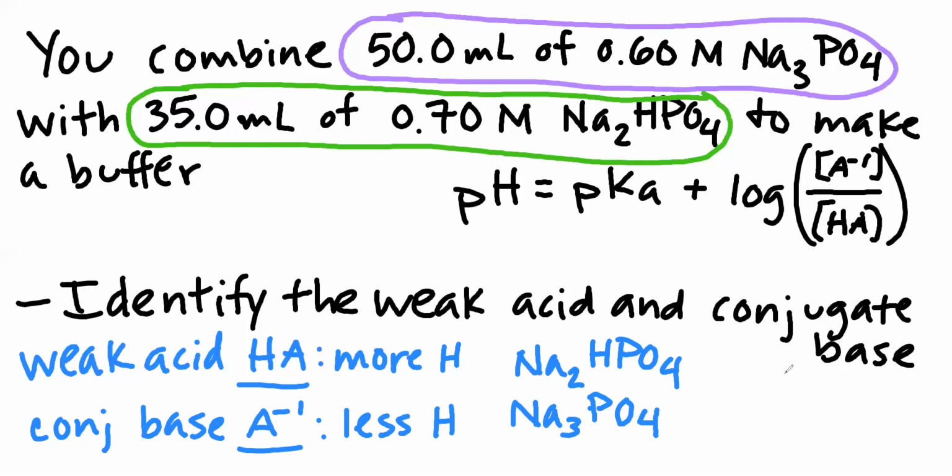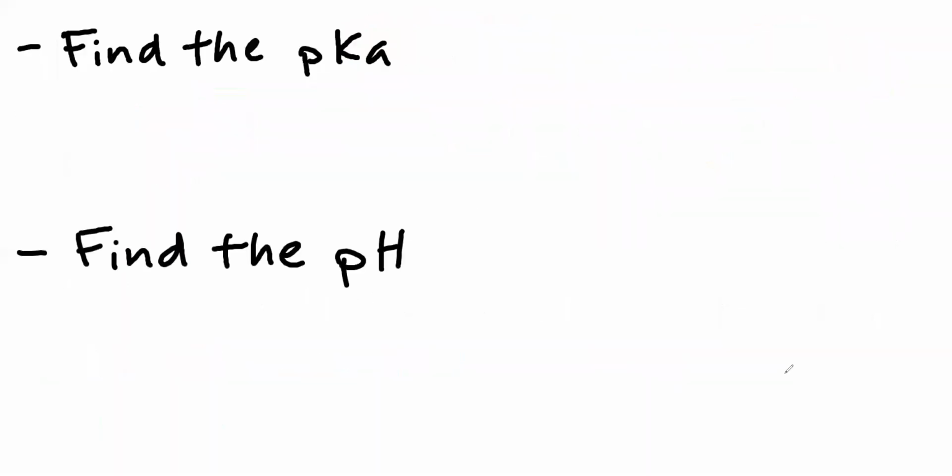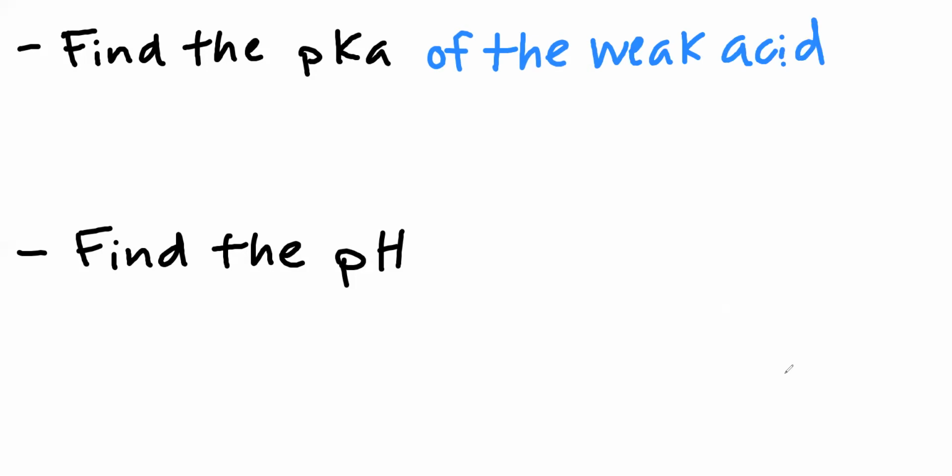The next thing I like to do is to find the pKa. So what are we finding the pKa of? It's the pKa of the weak acid. We already know that weak acid, Na2HPO4. And for this, we'll need a table of some information of the weak acid Ka or pKa values.